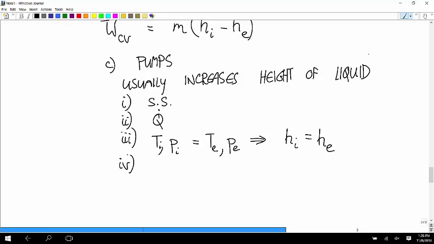Usually we don't care about the changes in the speed. So v_i squared over 2 minus v_e squared over 2, we can usually zero that out.